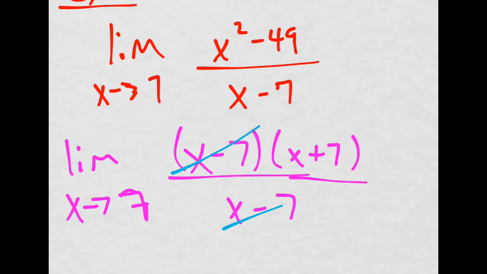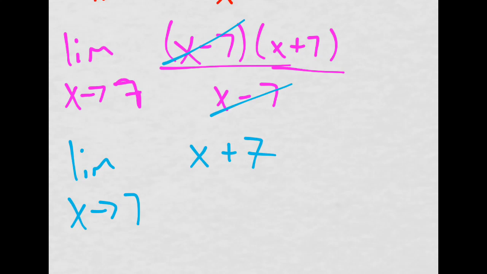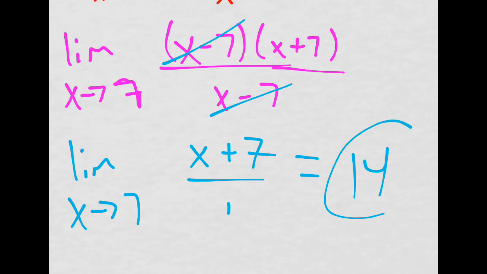Then the x minus 7s will cancel out. Now I'm left with the limit as x approaches 7 of x plus 7 over 1, because it canceled off the bottom, so I really don't have to write it. I could if I wanted to. So it's just 14.